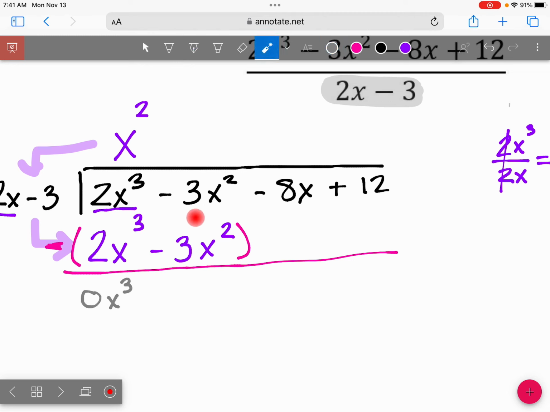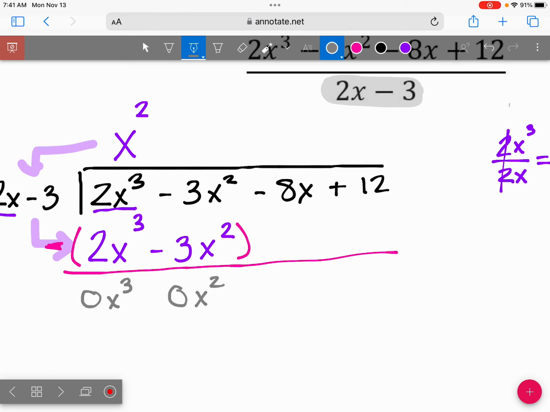And then negative 3x squared minus negative 3x squared. How many x squareds do we have left? Negative 3 minus negative 3 is 0. My x squareds canceled out too.